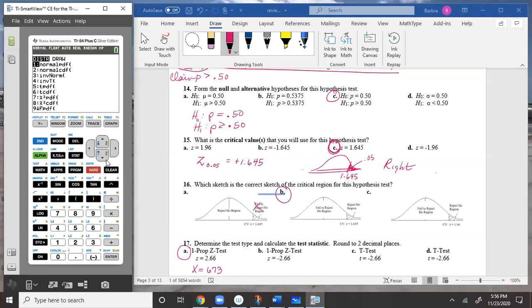We're looking for the inverse norm. So second vars, inverse norm. Area is 0.05. And so the z-score is negative 1.645. And using symmetry, it's positive 1.645.